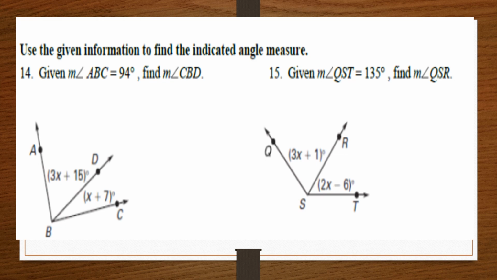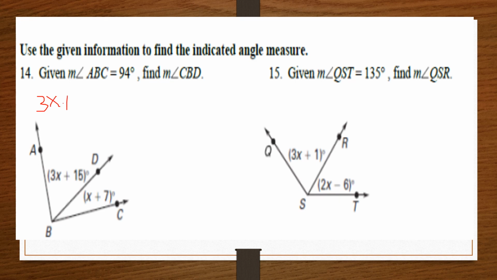Okay, next. Use the given information to find the indicated angle measure. Here we need to find CBD. In order for you to find CBD, you have to solve first for x.